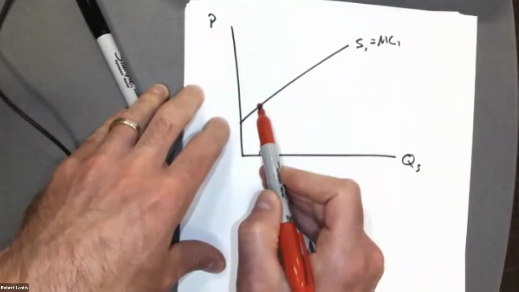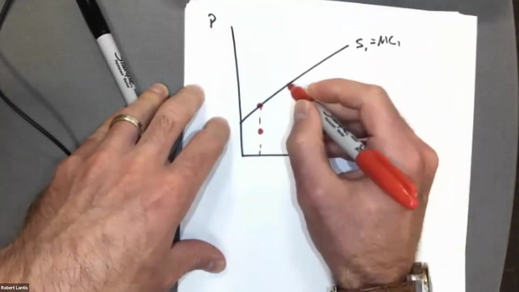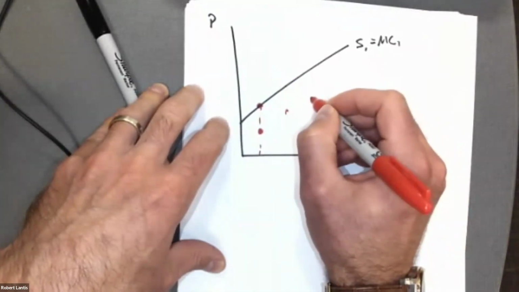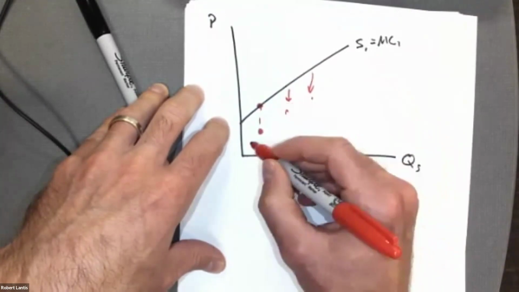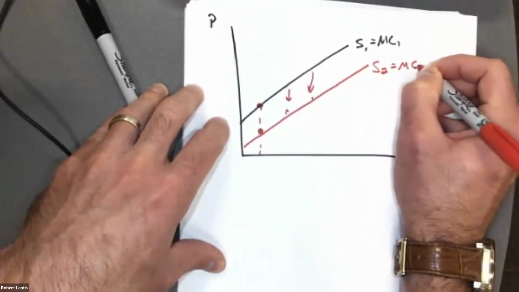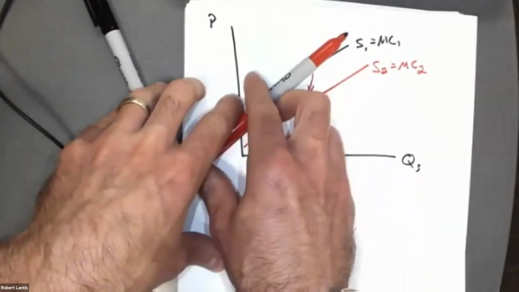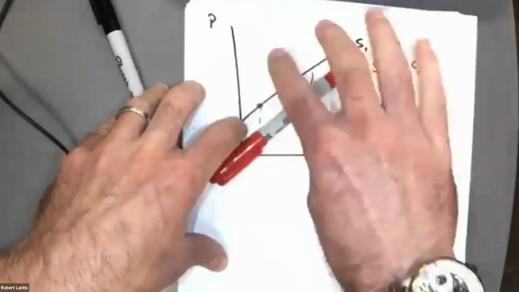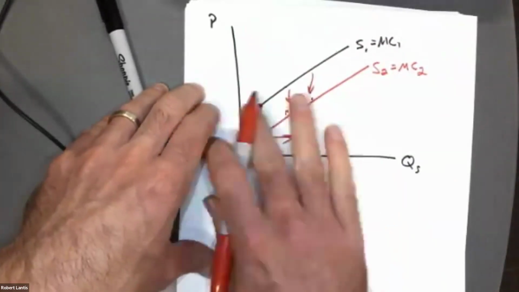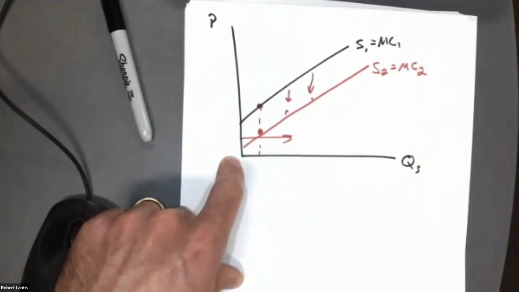If my input prices are now lower, my marginal costs have fallen. And that's true at every quantity. So you can think of the reason why a rightward shift is going to be an increase in supply is because when my costs are lower, I'm willing to supply more, right? I'm getting further away from this 0 point.